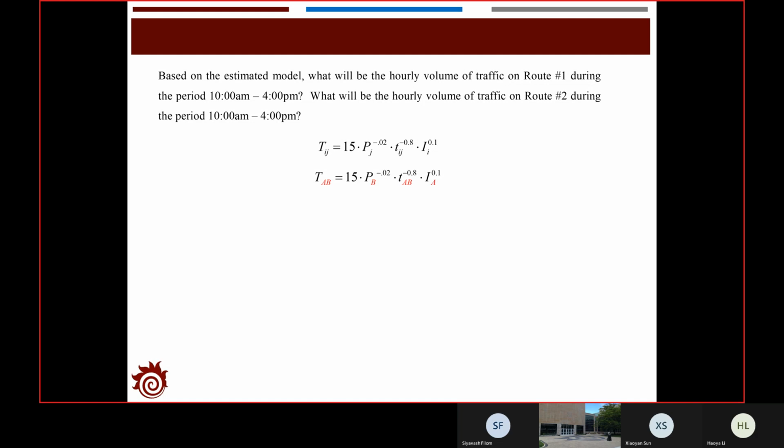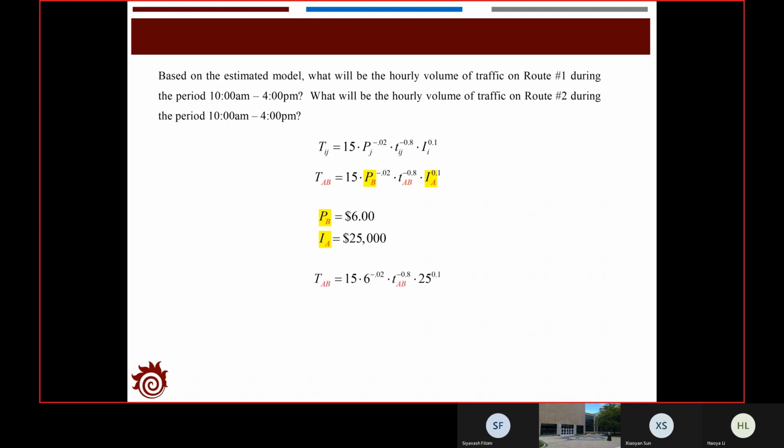And Ii, the first index, represents the income at the origin. So with the income in town A, the average income is 25,000. We know the value of the price. The price of the activity in town B is $6, and the income is $25,000.